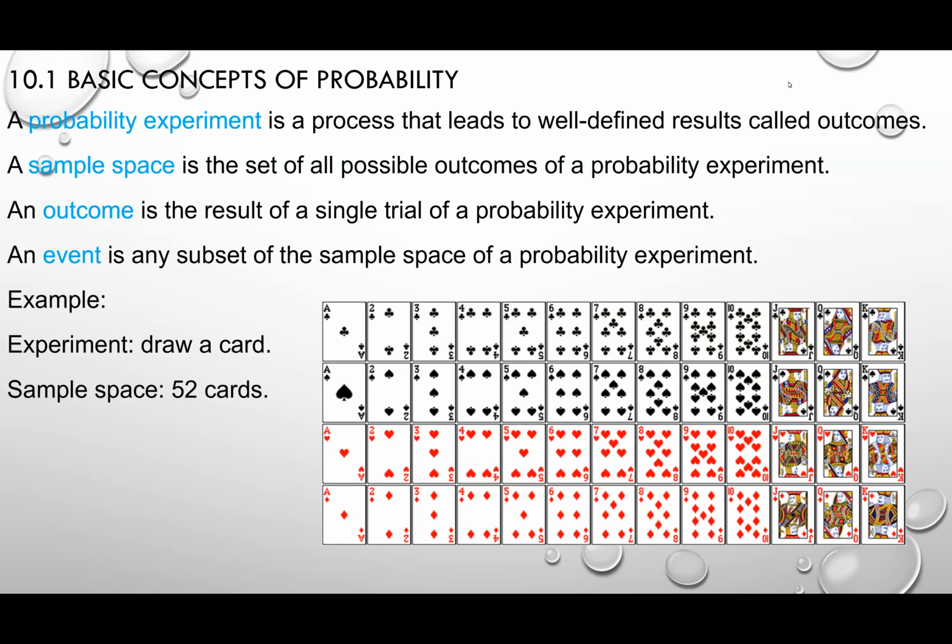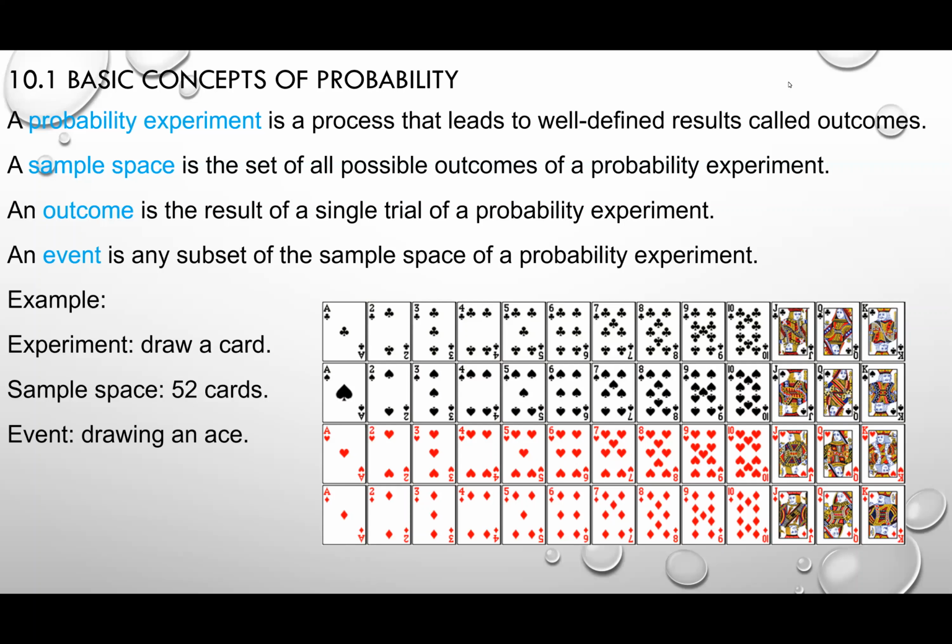So the sample space, as you can see, if you were to dissect this: the experiment is we pick out one card. That's what we want to do. The sample space is the possible cards that we have in here. And the event is we want to draw an ace, right? I want to pick out a card, and the card I want to pick out is an ace. That's the event. That's what we're looking for. What is the outcome?